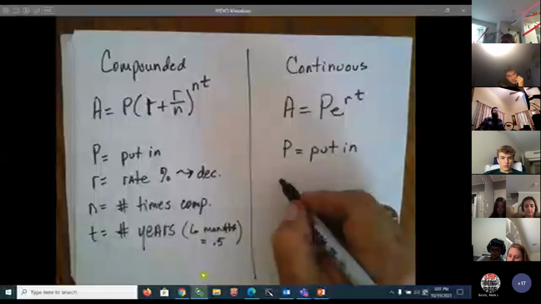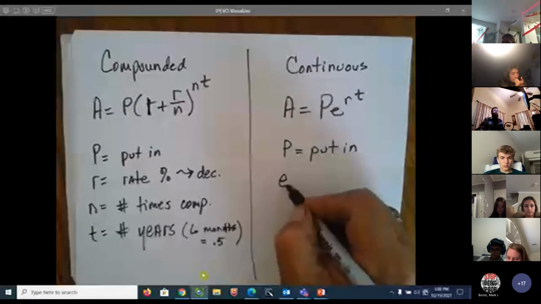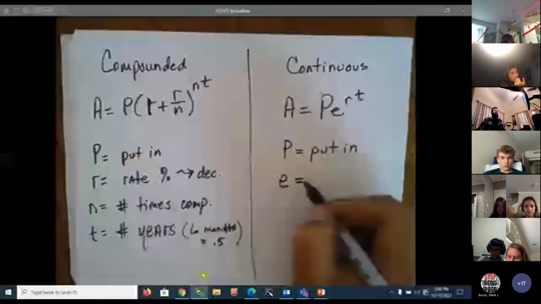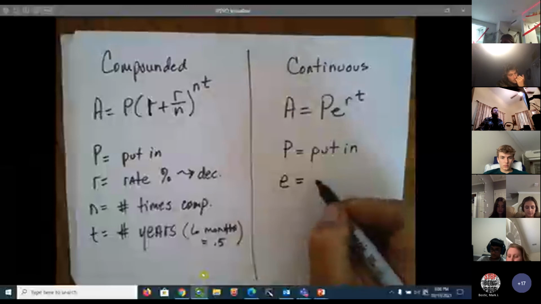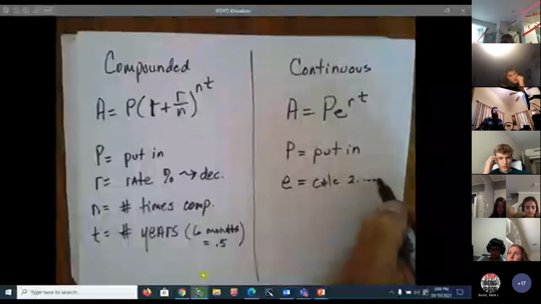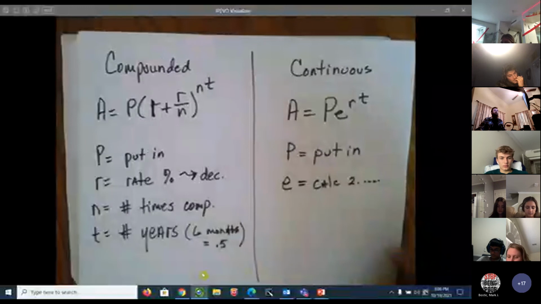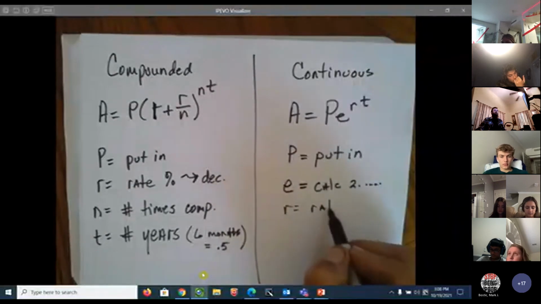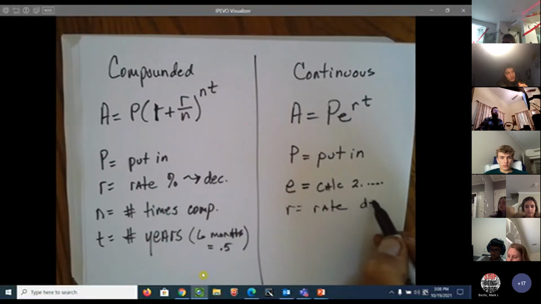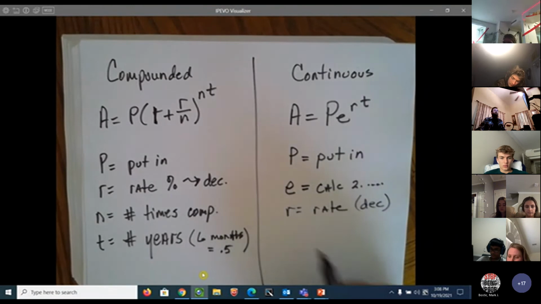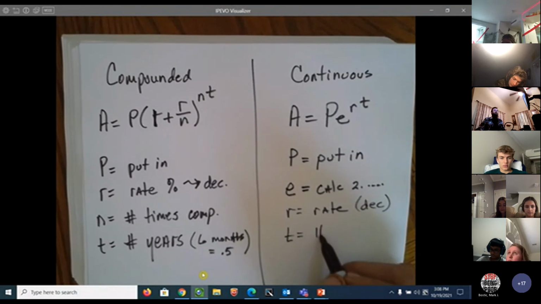E is 2.71, but it stays in the calculator as 2.718 and so on. Then r is equal to your rate, usually a decimal, and t is the number of years.